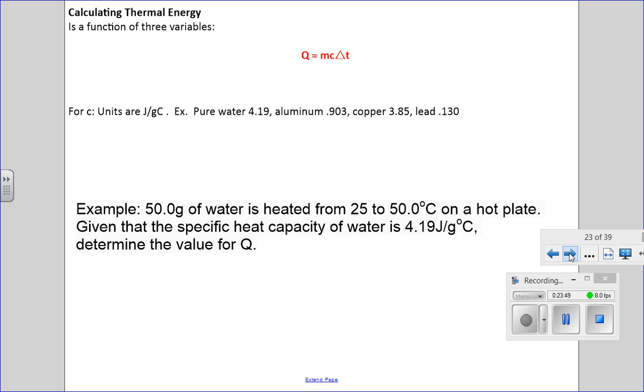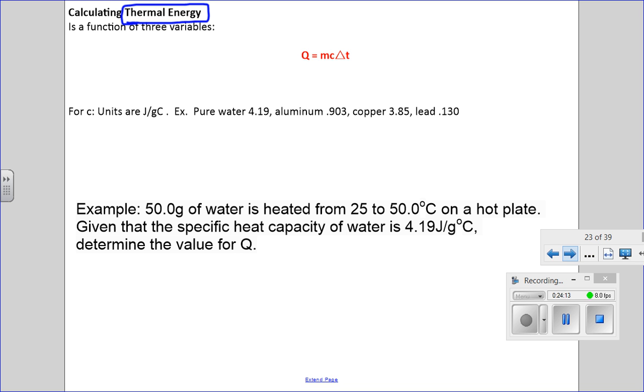So the first thing that we're going to calculate is thermal energy. And this is the formula that we're going to use to do it. Now, in your data booklet that you got at the beginning of the year, there's a formula sheet, and on it, at the very top, is this formula, as well as the other two formulas that go with vaporization and fusion.